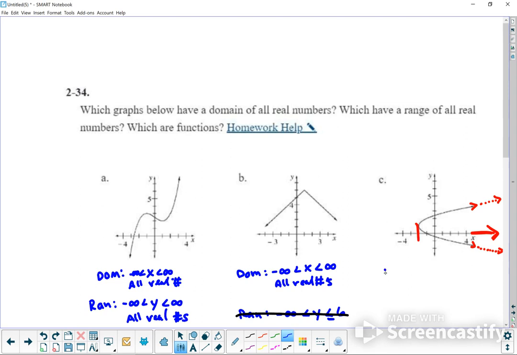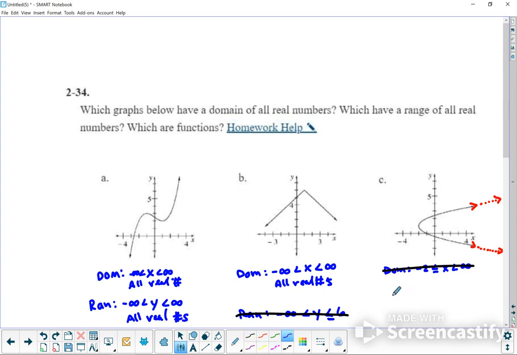So the domain is going to start at -2, less than or equal, because it does touch -2, x greater than or equal to -2, less than infinity. So this one, the domain is not all real numbers.